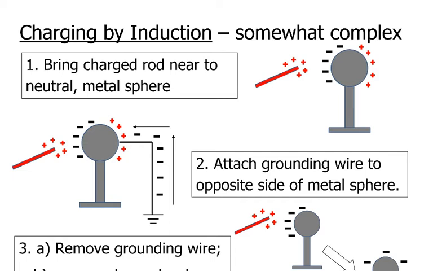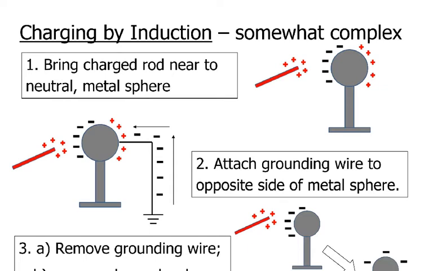All right, so here's the idea of charging by induction, and this is something you need to know about. I'll just go through the process quickly, step by step. So first, this is one way of charging by induction. You might get a rod right here that's charged positive, and you bring it near to a metal sphere.